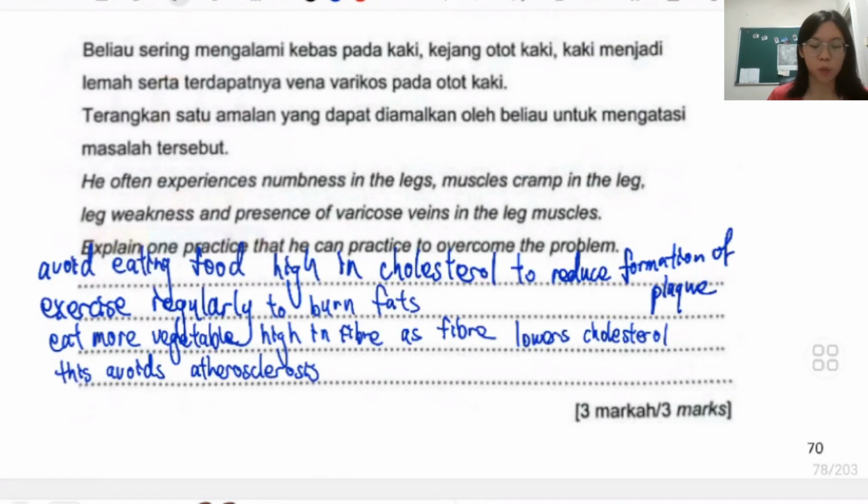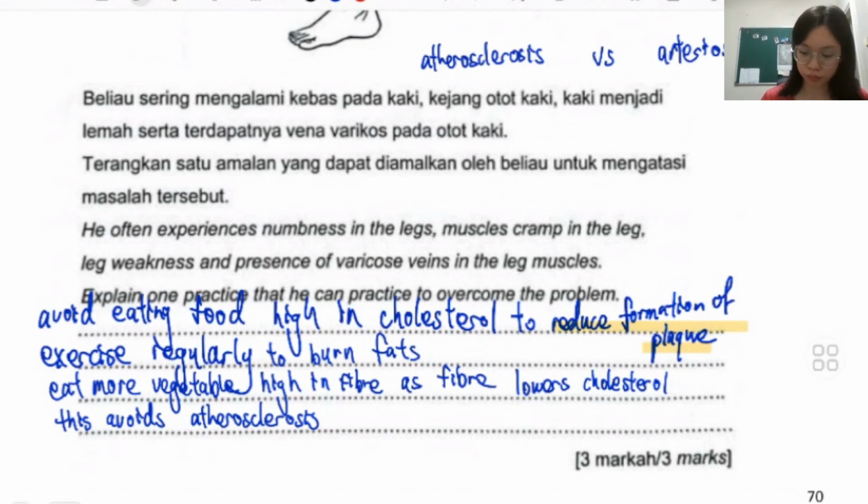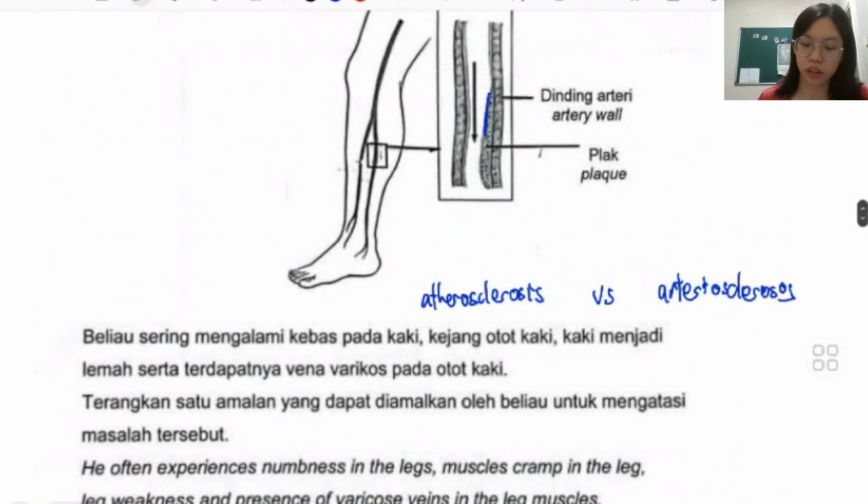So avoid eating fatty food to reduce formation of plaque. A lot of students don't really know how to differentiate between atherosclerosis and arteriosclerosis. Atherosclerosis is the initial stage, whereby there is formation of plaque deposit on the artery wall.